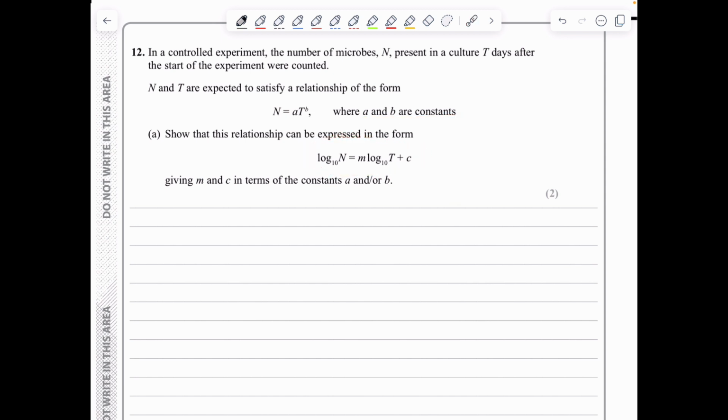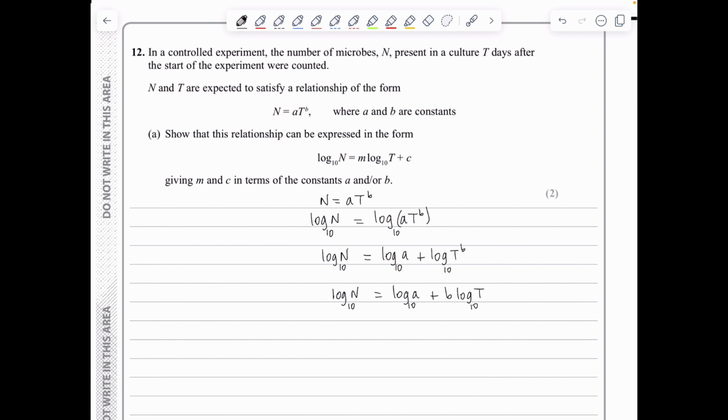So I will actually start with the given relationship. Capital N is A, T to the B. I will take log base 10 of both sides. So log N is log of A, T to the B base 10. And I will split the right hand side into log A base 10 plus log of T to the B base 10. On the left hand side, we still have a log N, which leads to log of N base 10 is equal to log of A base 10 plus B log capital T base 10.